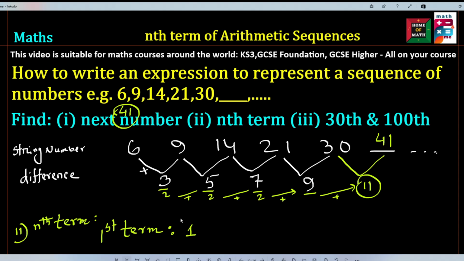Look at the similarity, here is 6 and here is 9. The difference is 3. But this one difference is 5. But every difference becomes another difference, this one is 2.